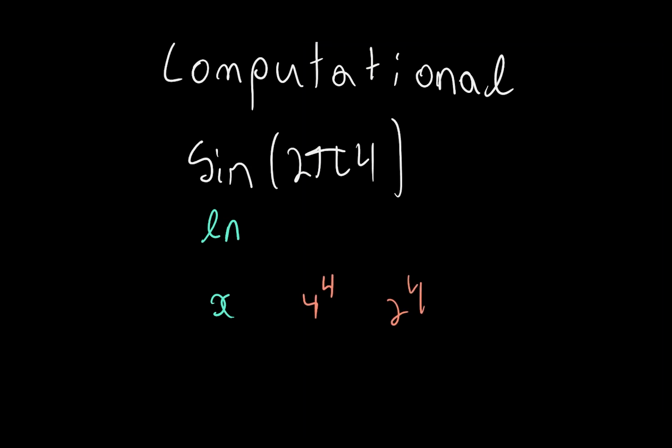This might be time consuming, but it's simple arithmetic. And that's why a calculator can do simple arithmetic very easily, very quickly. And that's why it uses Taylor series, because it's literally just repetitive arithmetic.